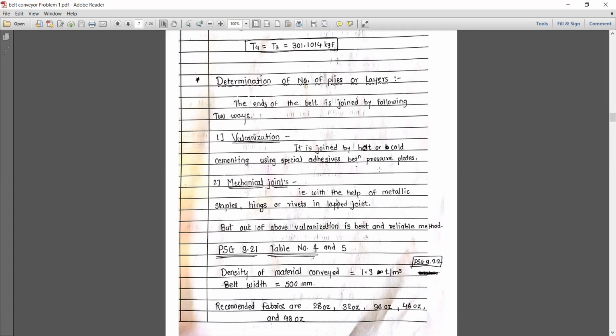Second one is a mechanical joint. With the help of metallic strips, hinges, or rivets in the lap joint, we can join both ends.